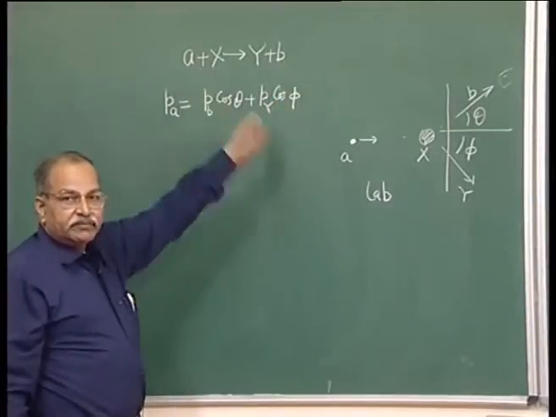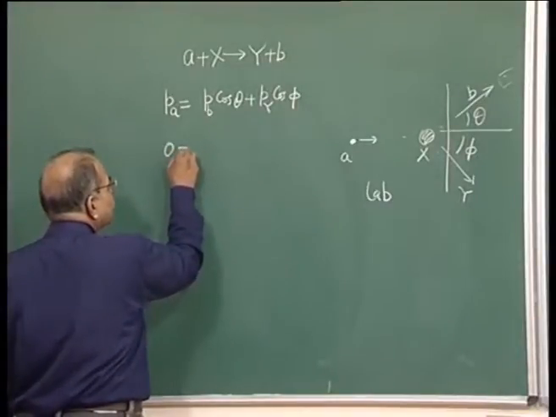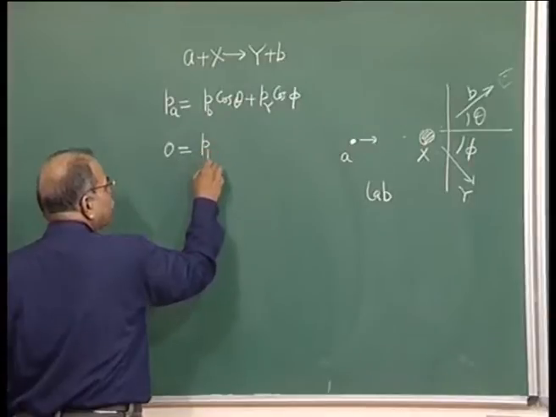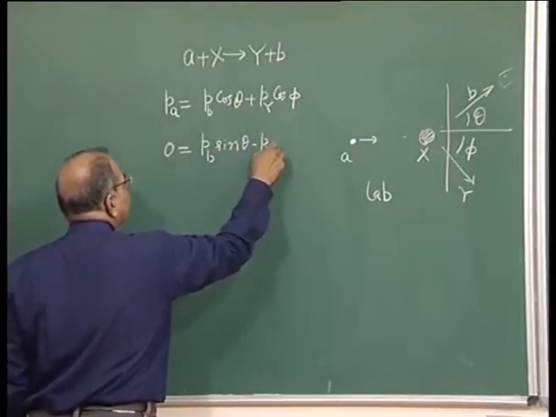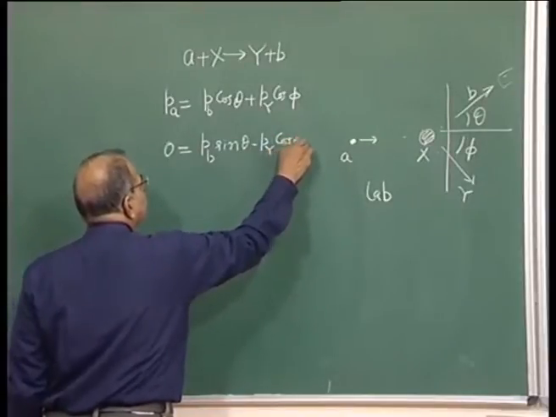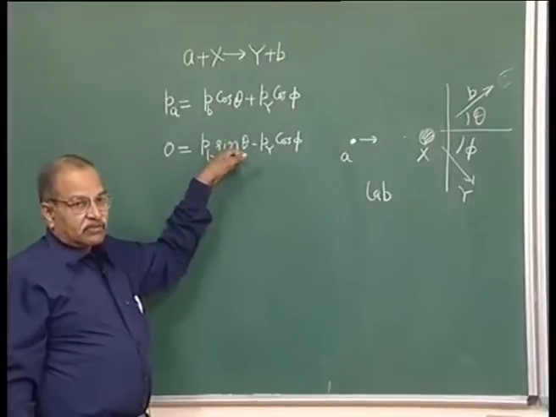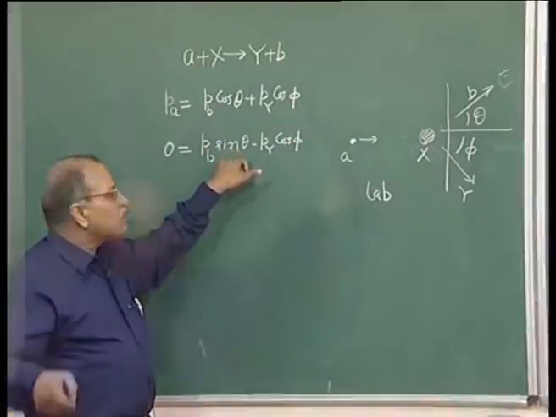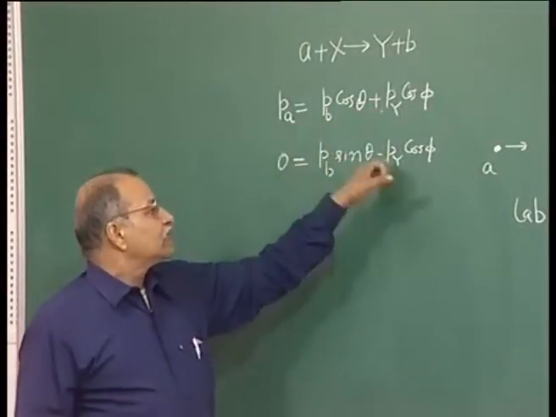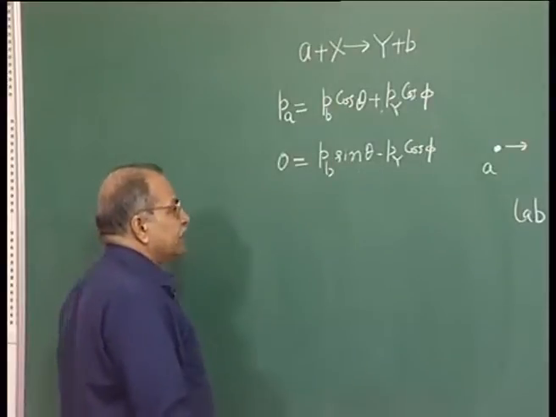Whereas for the perpendicular, transverse direction, the initial momentum is 0, and therefore that should be equal to P b sin theta minus P y sin phi. This has to be taken into account. If I am looking at energy conservation, these momenta are to be conserved, because they also contribute towards kinetic energy.